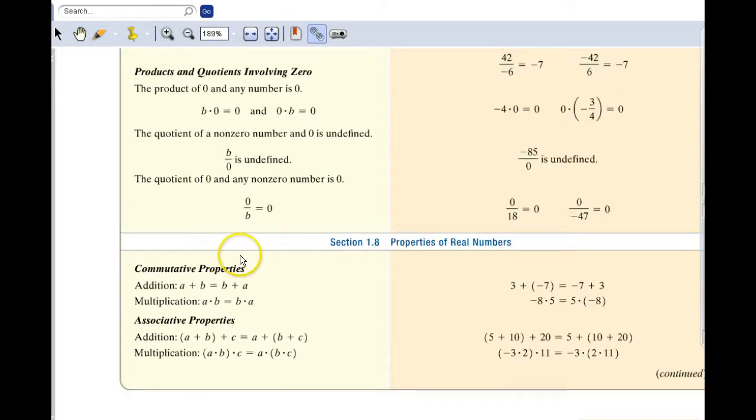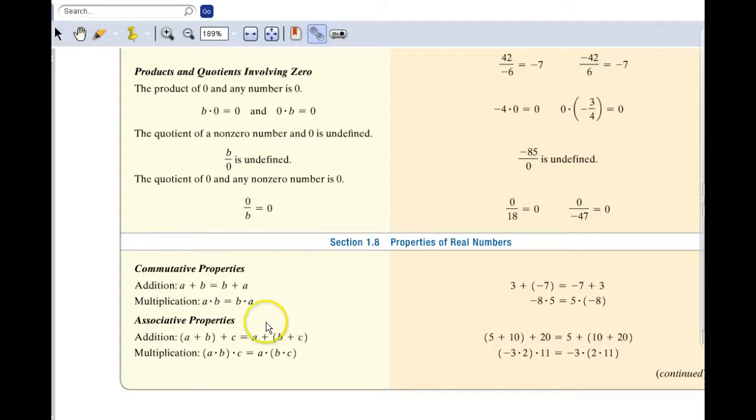All right, as we start to look at some of the properties of real numbers, here are some friends. The commutative property, A plus B equals B plus A. The commutative property of multiplication is A times B equals B times A, and they give you examples here.